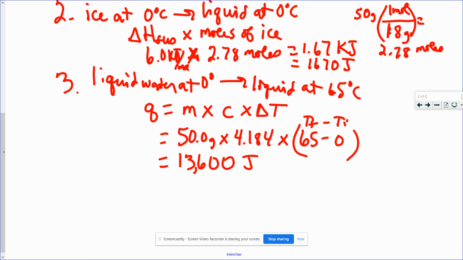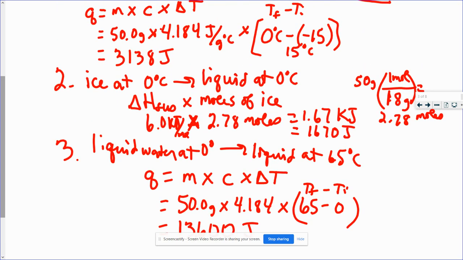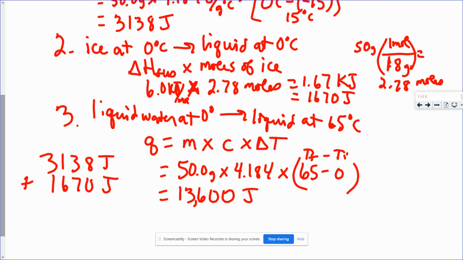So from the first step, I had 3,138, these are all in joules. From the second one, I had 1670. And from the third one, I have 13,600 joules.